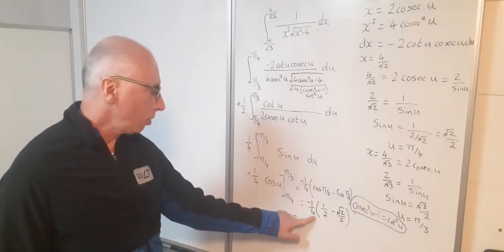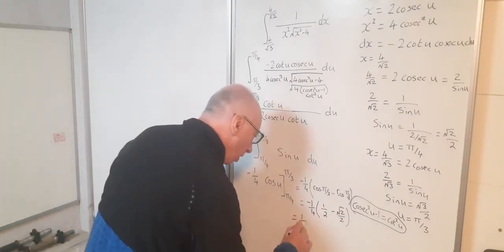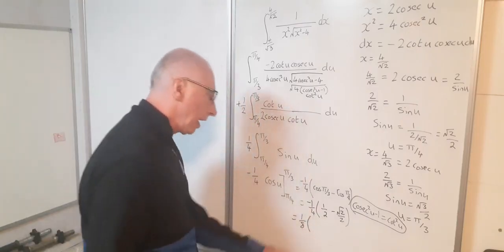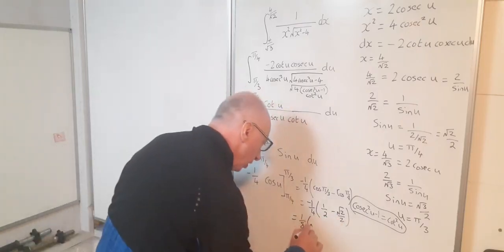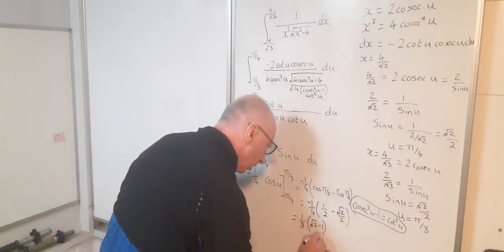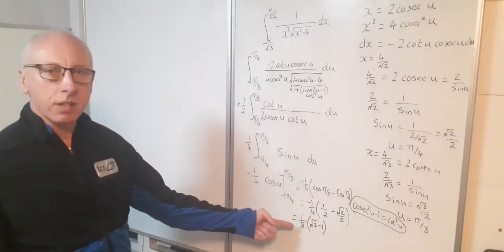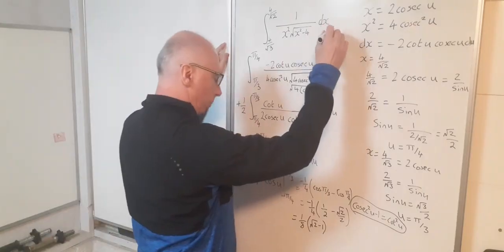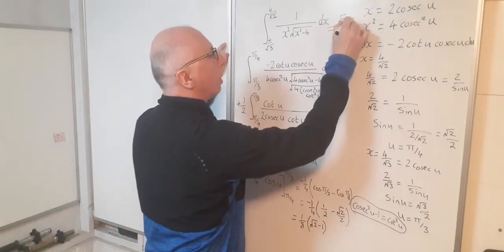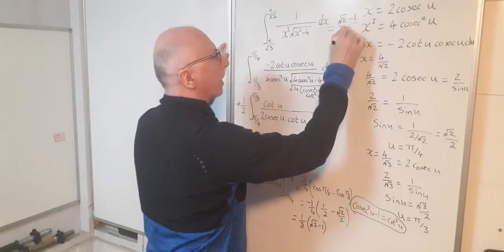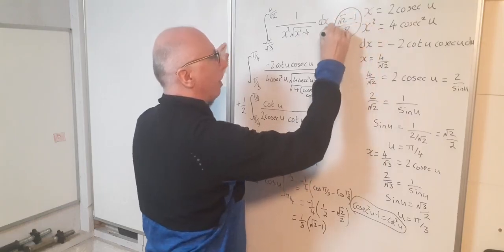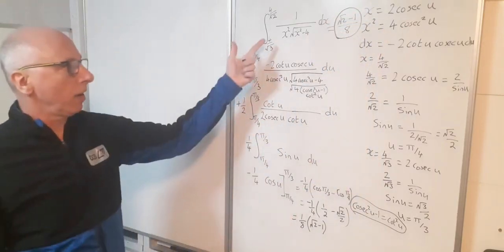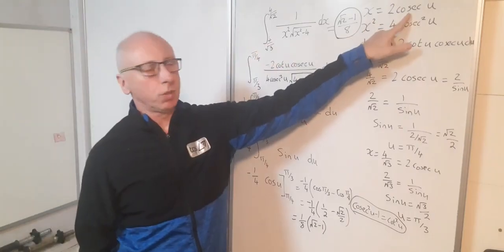Then I bring this 2 outside, so I've got 1/8 and then √2 minus 1. That there is the result of my integral. So this equals (√2 minus 1) over 8, and that is the result of our integral using this substitution.